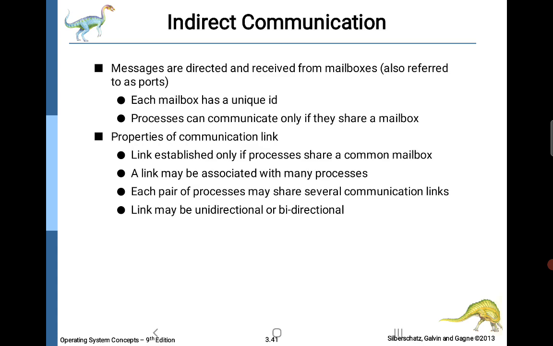And each pair of processes might have multiple mailboxes in common between them. The link here also can be unidirectional or bidirectional. It depends on the type of communication and why we need it.